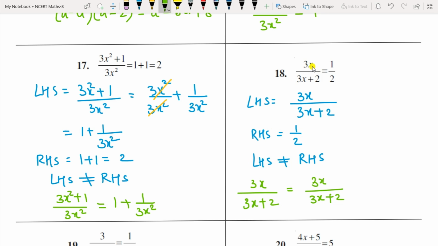This one, now monomial is in the numerator and binomial is at the denominator, so you cannot solve this one. So it should be as it is only. So RHS is, this is equal to this only. It cannot be 1 by 2.